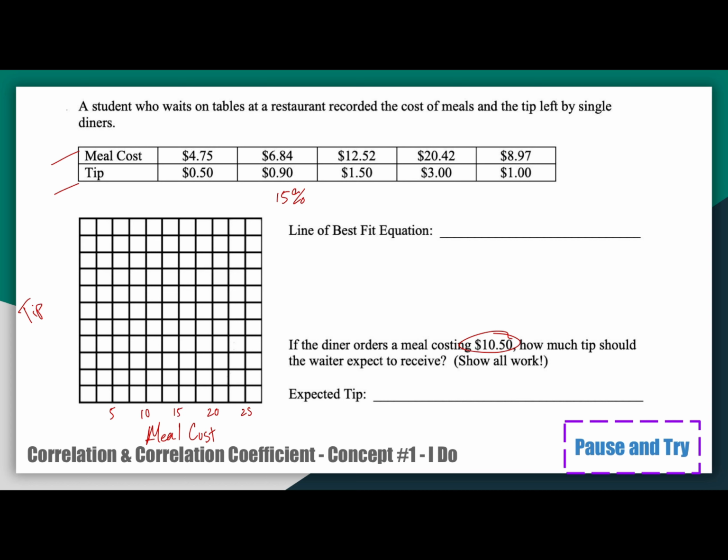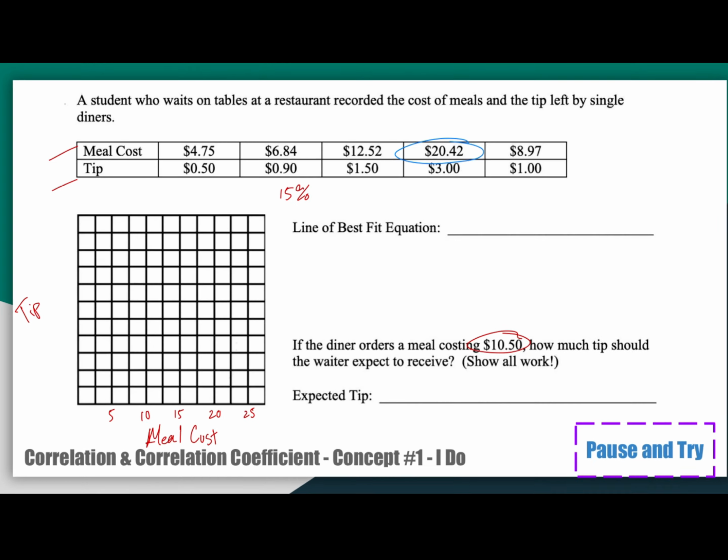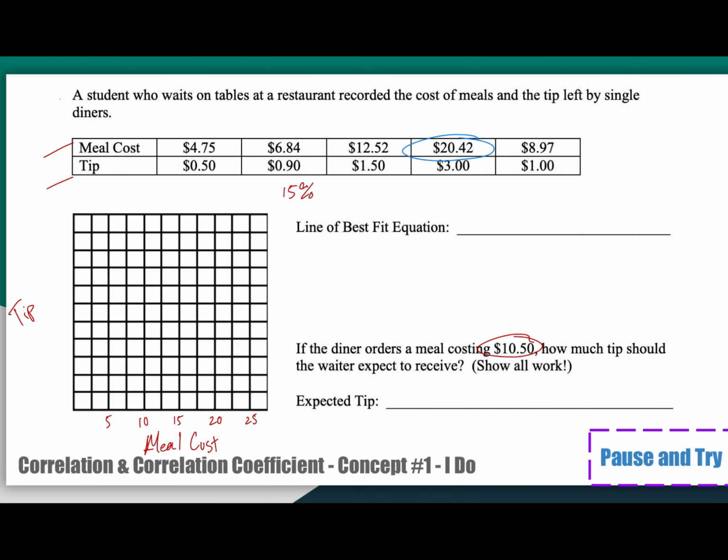It's going to be tough to graph that, simply because it's going to be hard to graph the number 20.42, but we're just going to do our best. And for our tip, our lowest is 50 cents and our highest is $3.